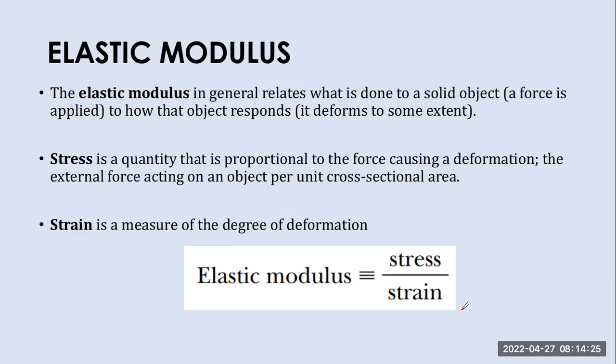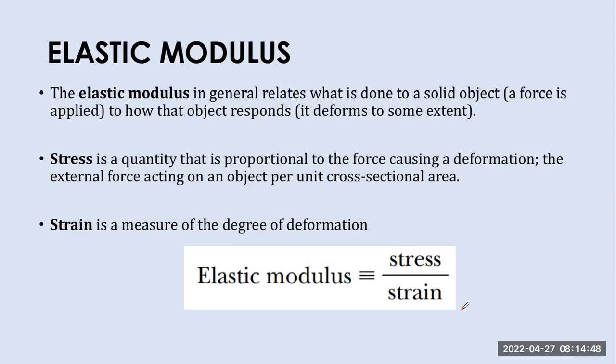Ang stress naman is the quantity that is proportional to the force causing a deformation. The external force acting on an object per unit cross-sectional area. Next is yung strain. Strain is a measure of the degree of deformation.